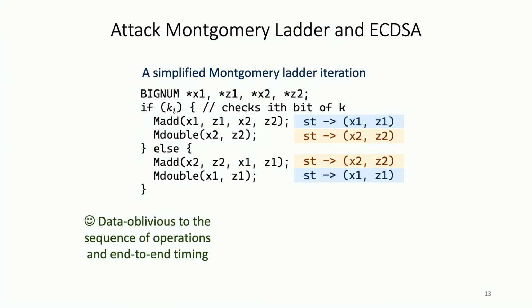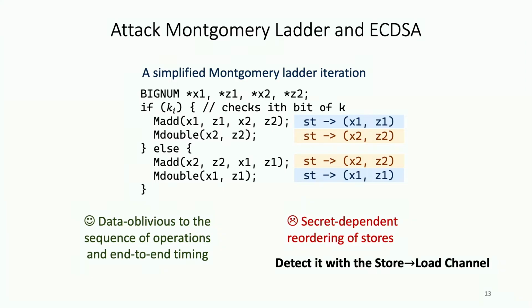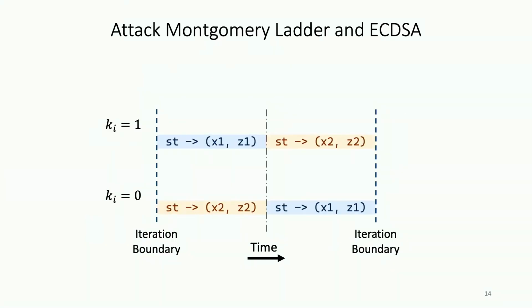Although this code is data oblivious to the sequence of operations and end-to-end timing, it has secret-dependent reordering of stores. And if we can detect which order occurs with the store-to-load channel, we can recover the nonce k. To do that, we will pick one big number, such as x2, and monitor stores to that variable.